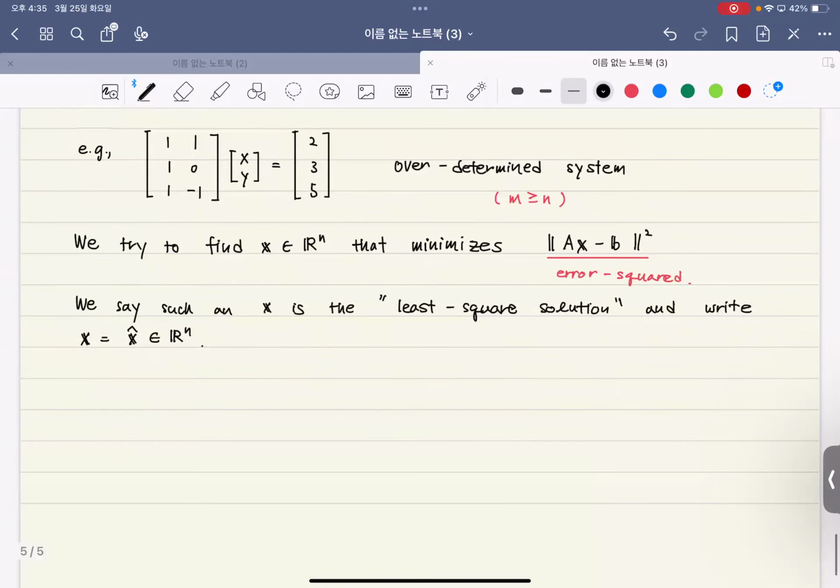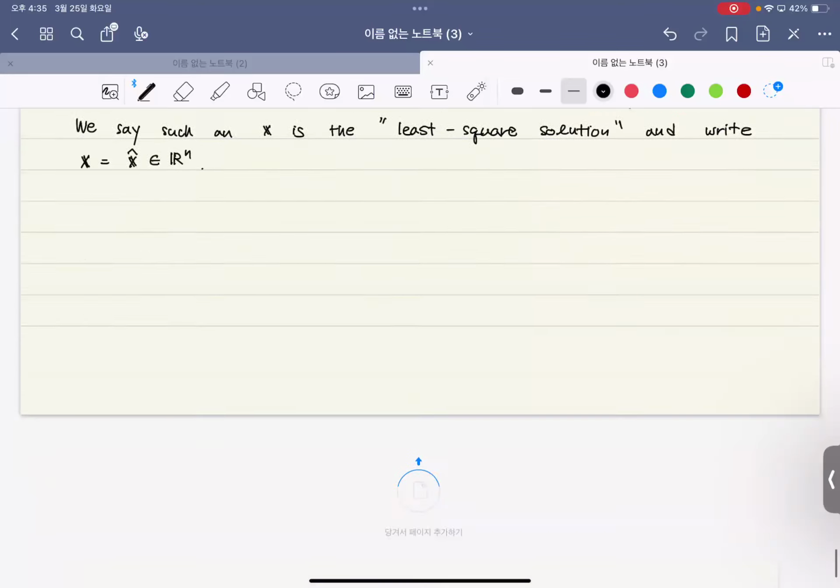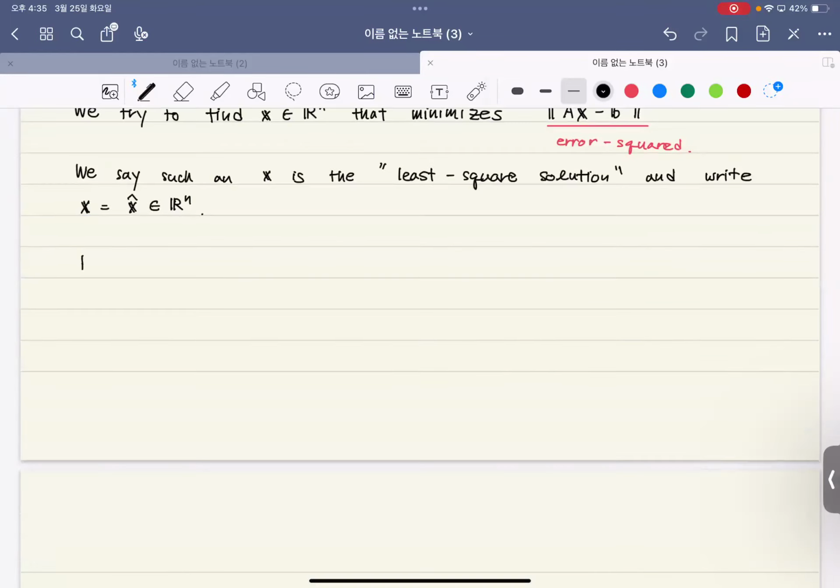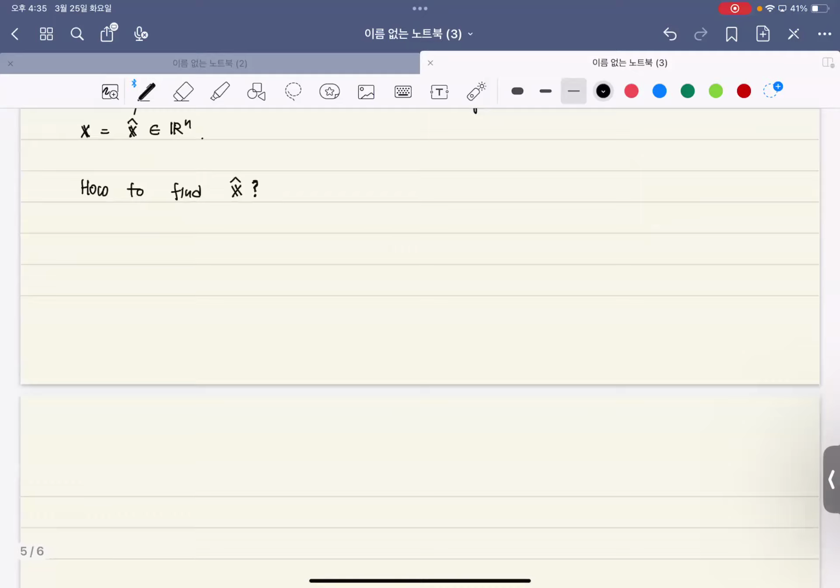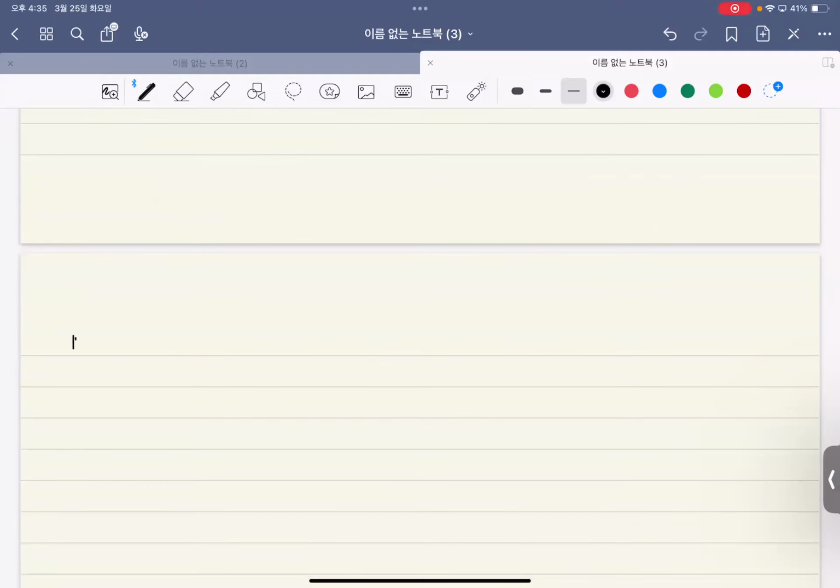Now, how do I find such an x hat? The idea is to consider b minus Ax. b is a member of Rm, and A times x is again a member of Rm.